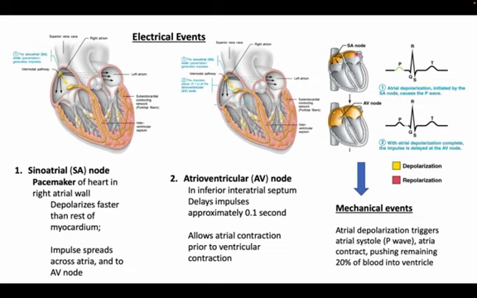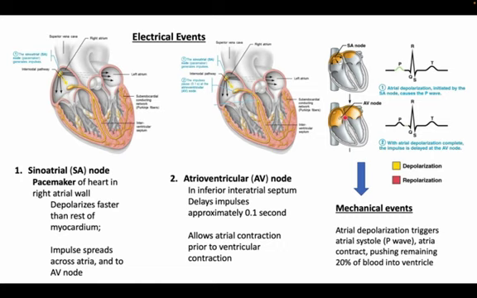It is spreading across the atria, and then it goes into the atrioventricular node, or AV node, which holds the impulse for 0.1 second, and that allows the atrium to contract, because this impulse is generating depolarization.